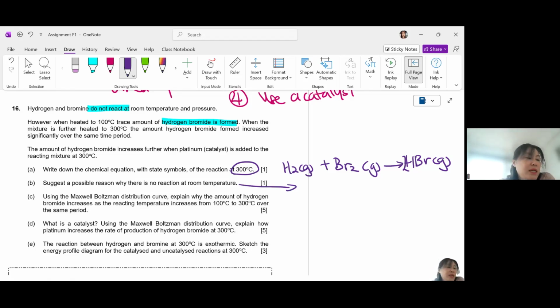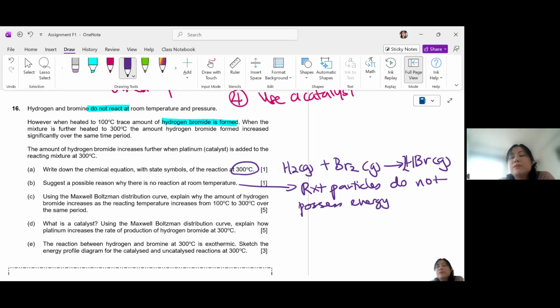So a possible reason is that the reactant particles do not possess energy that's greater or equal to activation energy to allow effective collision.